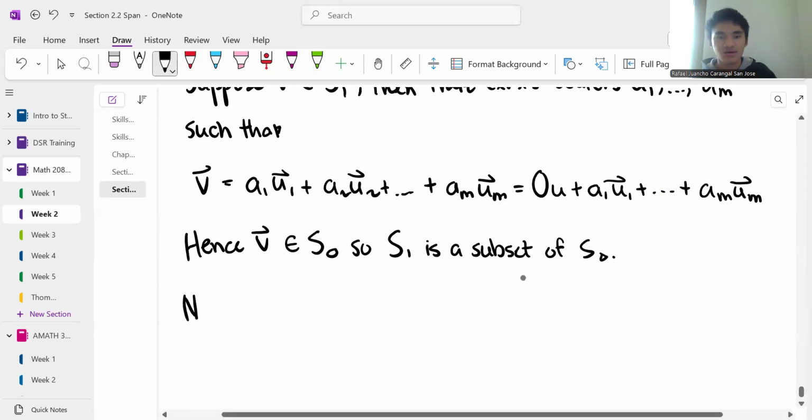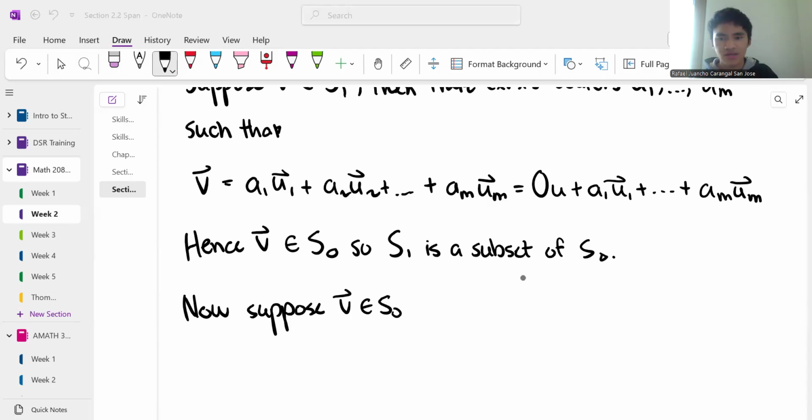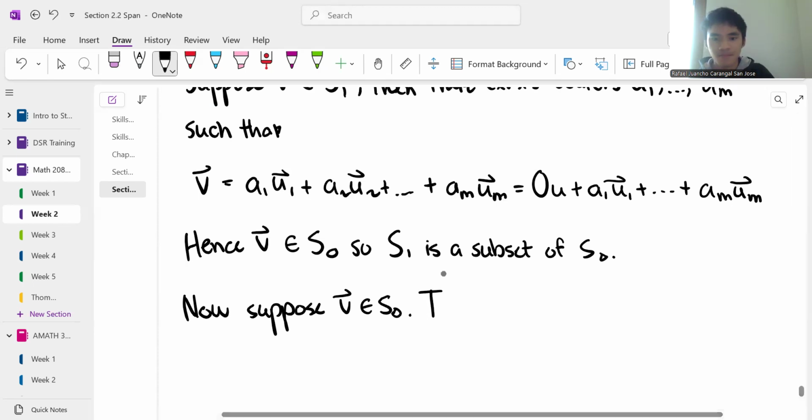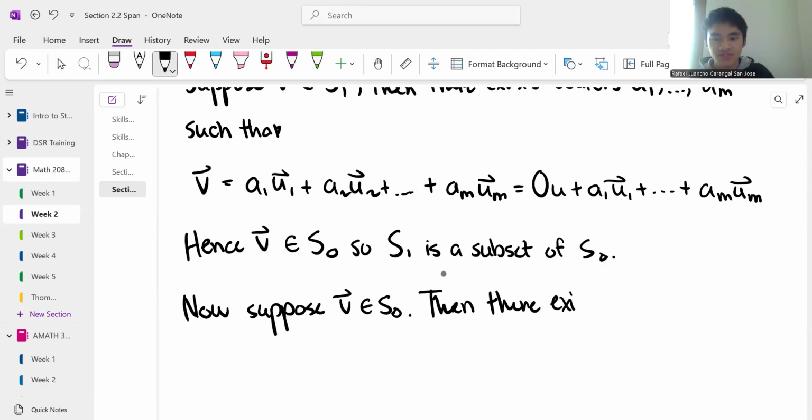Right? Now, suppose v is actually in S naught. And then we have a bunch of scalars here. So again, we have scalars.